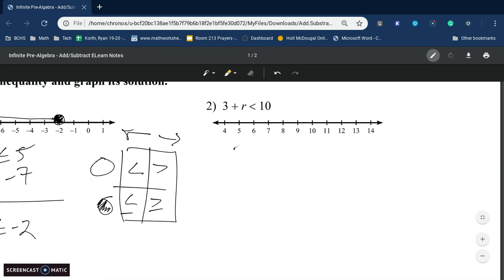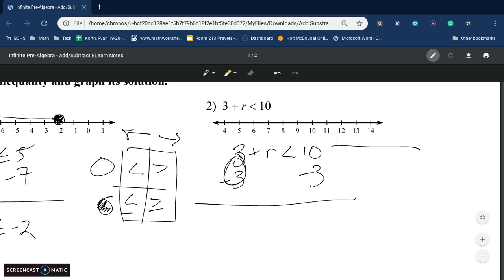Number 2 here, we've got 3 plus r less than 10. We're trying to get r by itself. How can I do that? I've got to get rid of the 3. I'm still seeing, despite the weeks we spent on solving equations, I'm still seeing sometimes we'll make that mistake of messing with this number over here.